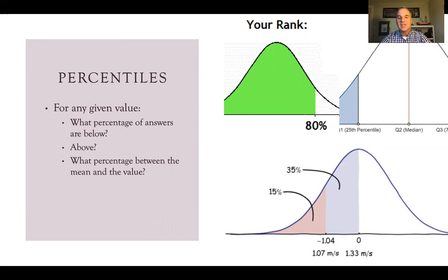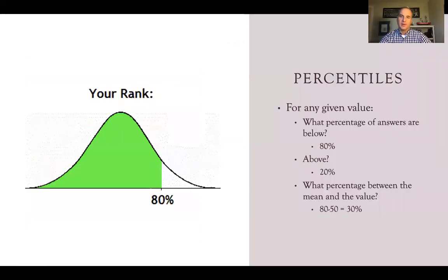So we can tell the distance to the mean, or the percentage of responses between a particular value and the mean, because the mean and the median are the same number and it's the middle, right? And so we know the median, 50% are above, 50% are below. For the normal distribution, that's true of the mean as well. So let's try a couple, and we'll see what I'm talking about here.